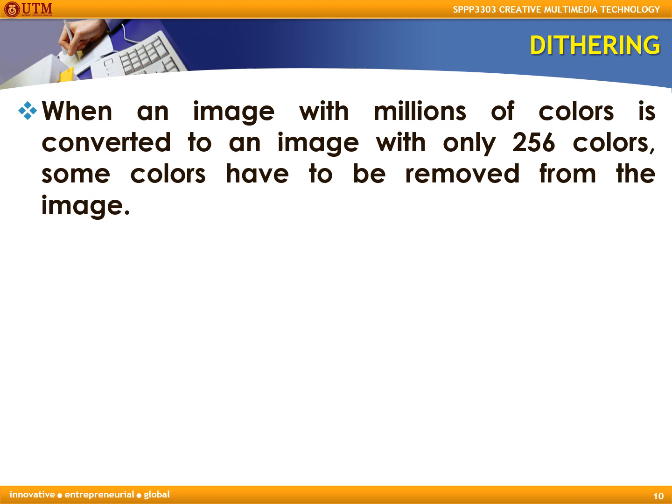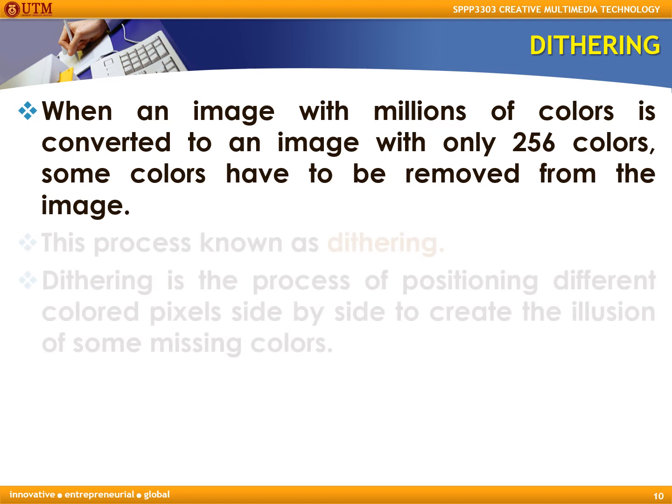Now when we talk about image quality, you must know something called dithering. Dithering defines the quality of the images. How? Let's say an image with millions of colors is converted to an image with only 256 colors, so some colors are going to be removed from the image.